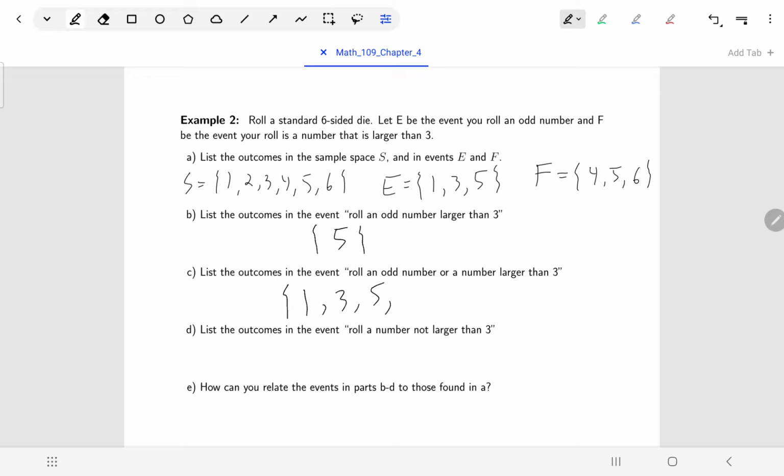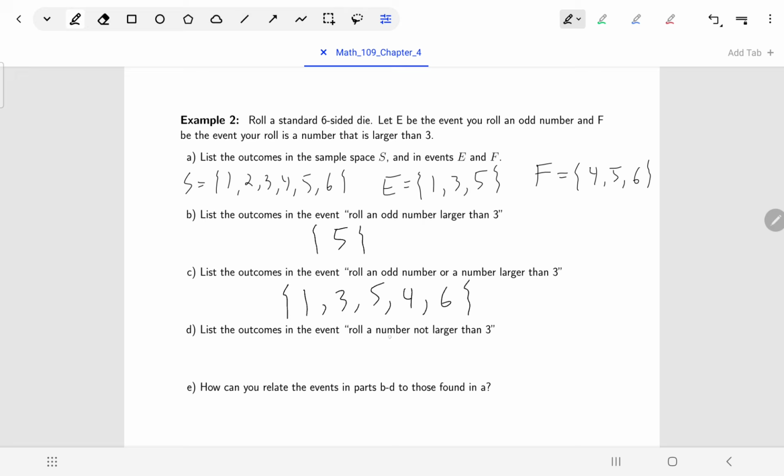And if you're rolling a number that's larger than 3, you're rolling a 4 or a 5 or a 6. I've already got the 5 listed, so I just need to add the 4 and the 6 onto my list. And there we go. Those are all the outcomes where we're rolling an odd number or a number that's larger than 3 or both.